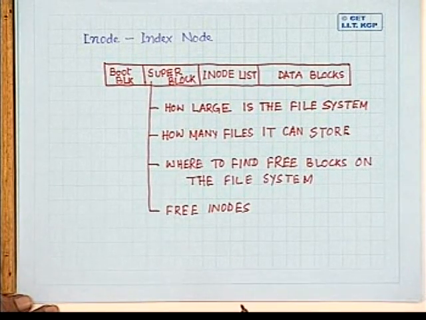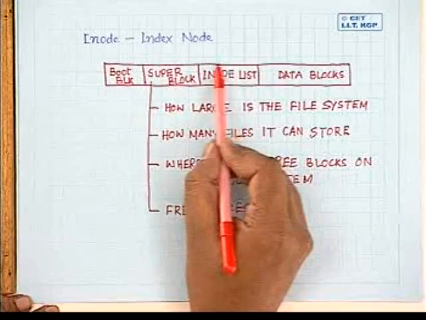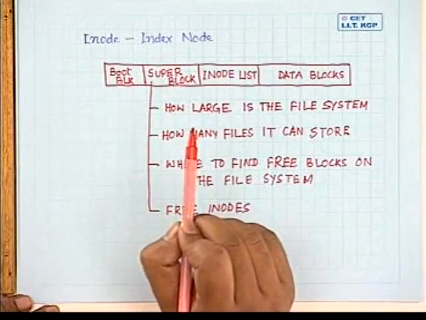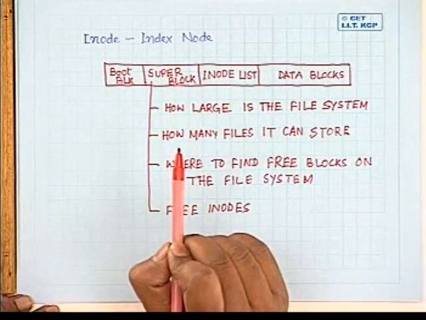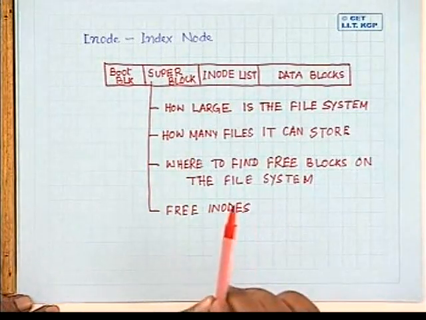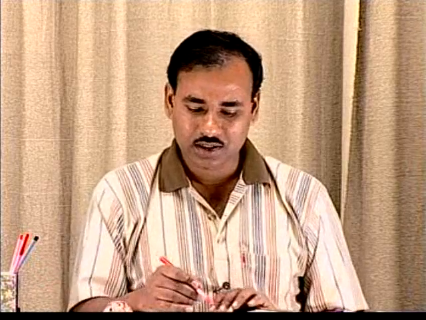That is only because maybe the number of inodes assigned to that particular file system have been exhausted. I don't have any free inode, though I have free disk space available. So even in such a case, we will get the message that the file system is full. Okay. So these are the contents of the super block.